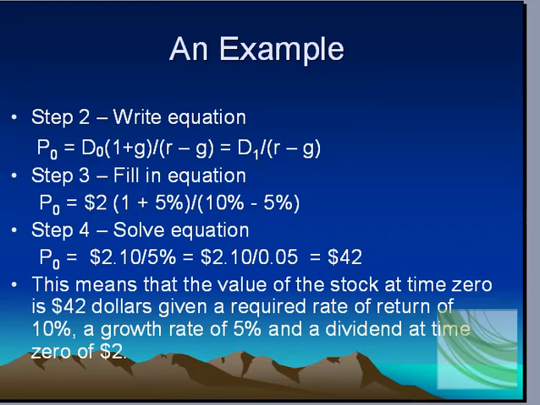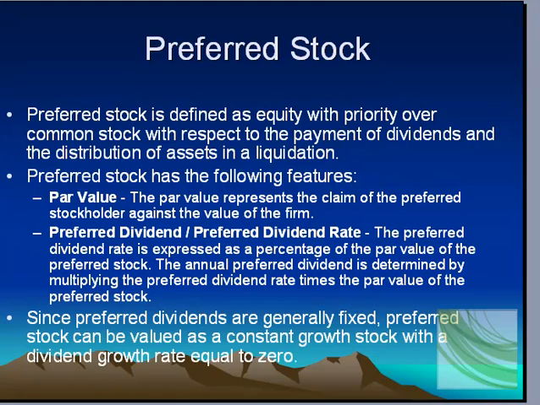So $2.10, which is $2 grown at 5%, divided by the 10% required rate minus the 5% growth rate, is $42. This means the stock should be $42 to give you a return of 10%. That's how you can measure whether stocks are overvalued or undervalued.